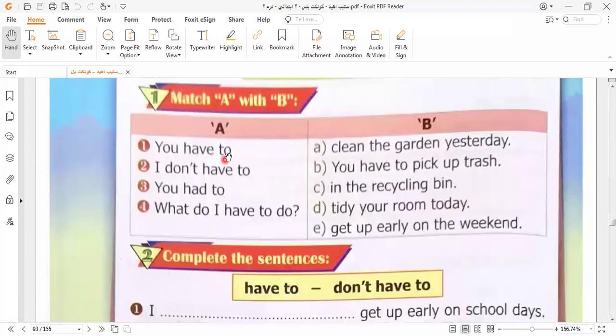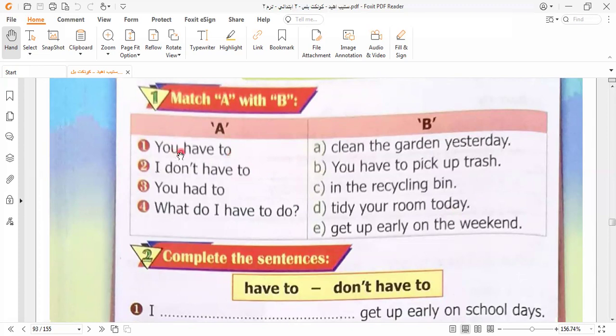We have two spaces. We have to what? Here have to is present. So I select tidy: you have to tidy your room today. Why? I write have to and I select today, because have to, as we explained in the previous page, expresses present.